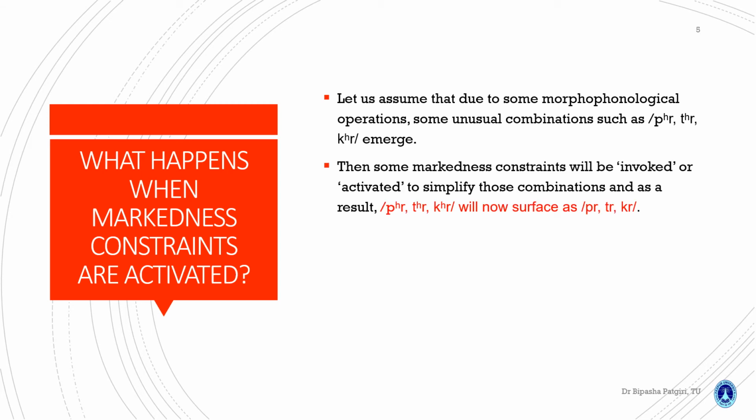Then some markedness constraints will be invoked or activated to simplify those combinations, and as a result, fra, thra, khra will now surface as pra, tra, kra.